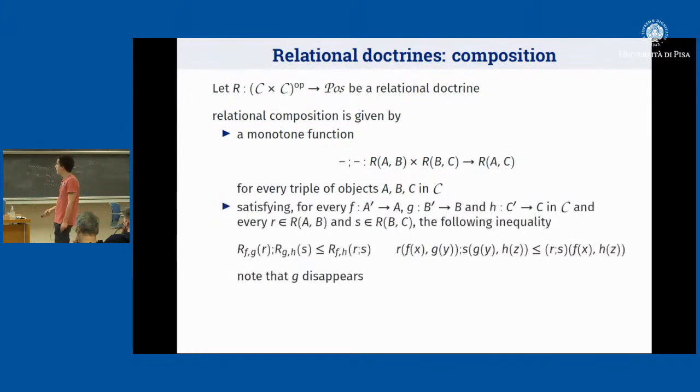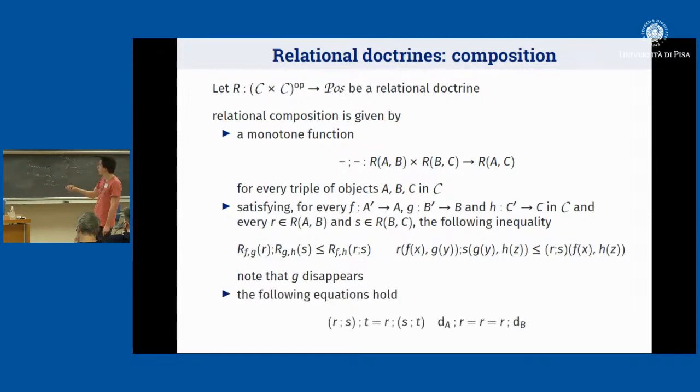And moreover, we require, again, this lax naturality condition. So this says that if we first reindex along F and G the first relation, and then we reindex along G and H the second relation, and then we compose, we get something which is smaller than doing first the relational composition and then reindexing along F and H. So notice that here the middle arrow disappears.